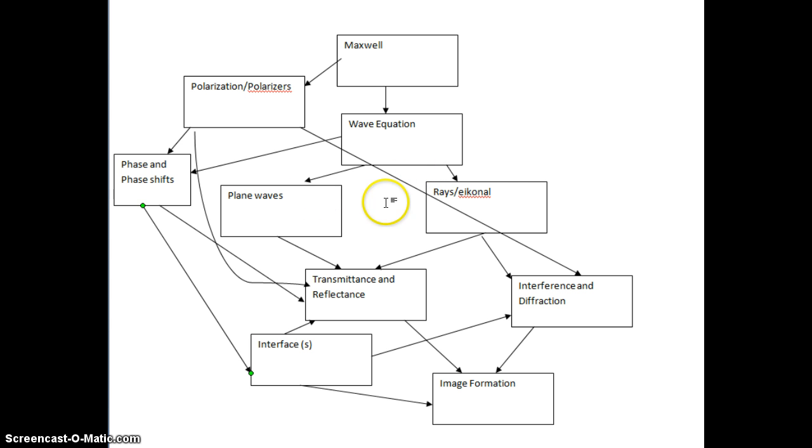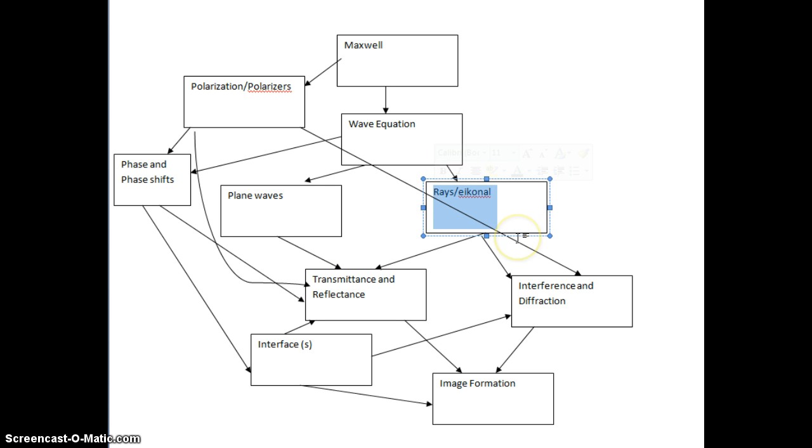And I think my biggest surprise over the semester was so much of the concepts that we talked about over the term, like image formation. I did not realize you could only have it with rays, and how much of the semester we spent on plane waves, when really all the interesting things we do in general physics involve rays.